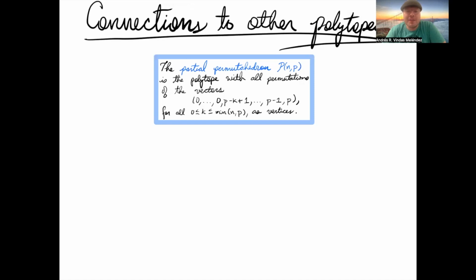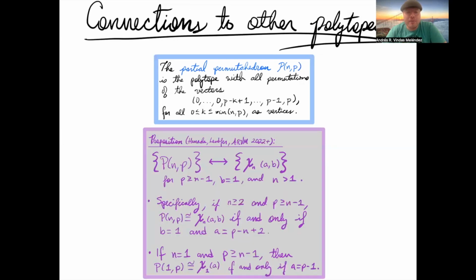This is the polytope with all permutations of the vector 0, 0, 0 up to some value defined by this inequality, and then it satisfies these entries. Those are its vertices, and we're able to tell you when these partial permutahedra are exactly X parking function polytopes. In particular, when we take the classical parking function polytope, this gives us a very nice partial permutahedron.